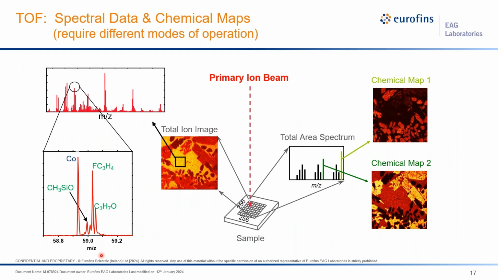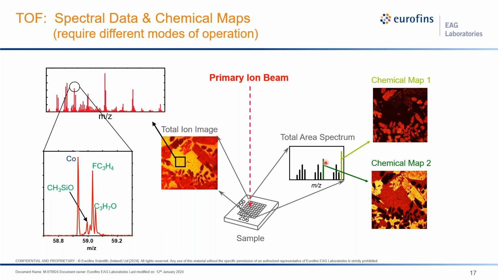I have a brief example of time-of-flight SIMS data. Our pulsed primary ion beam is rastered over a sample surface. The instrument produces a mass spectrum combined over that complete area.